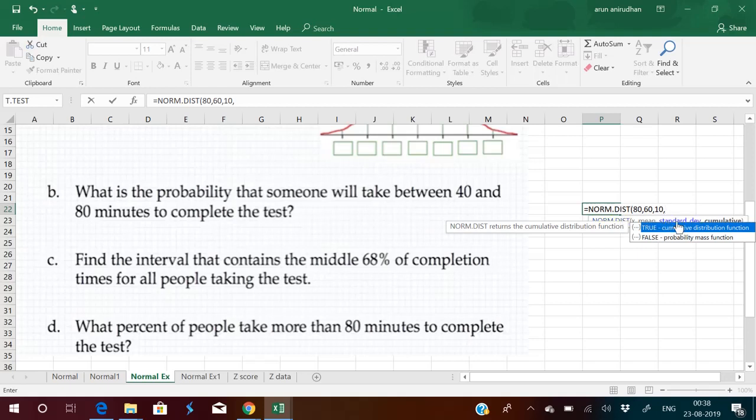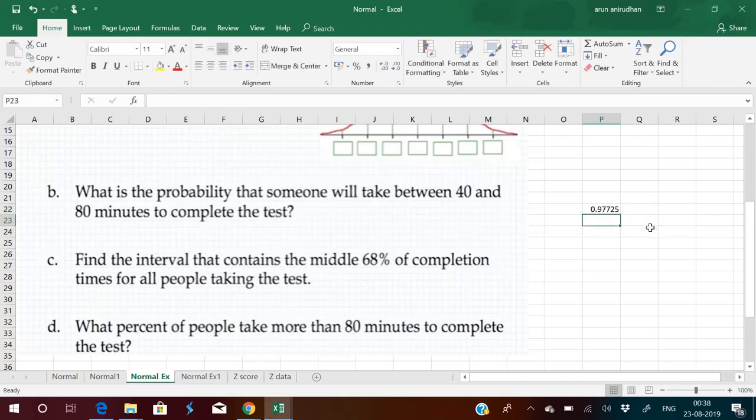So it is true. Enter. Okay. So you got this value. So what is this value telling? This value is telling less than 80. What is the percentage of people take less than 80? Okay, from the graph you should understand it is less than 80. So what will be more than 80? Equal to 1 minus this value. So that will give you more than 80.